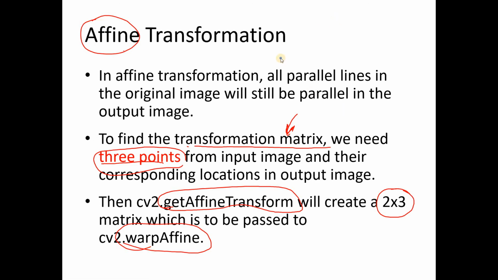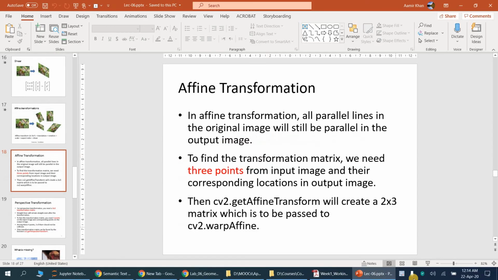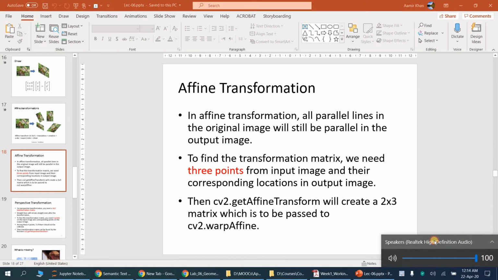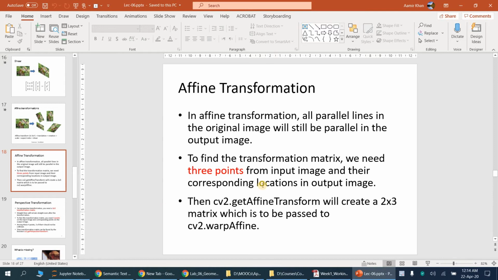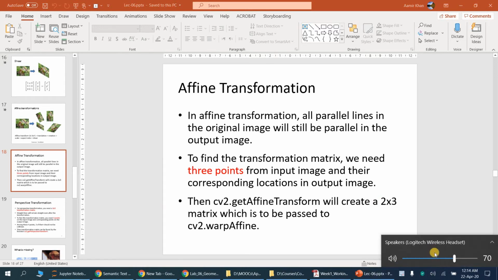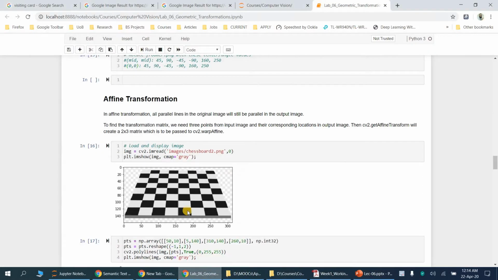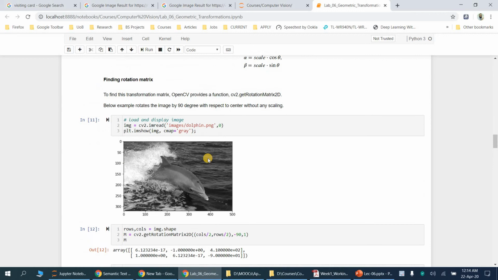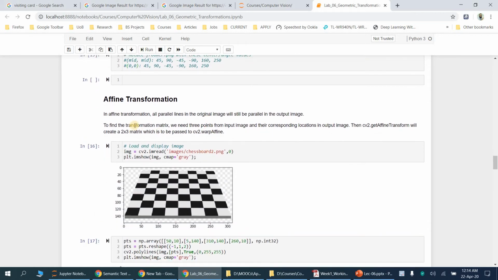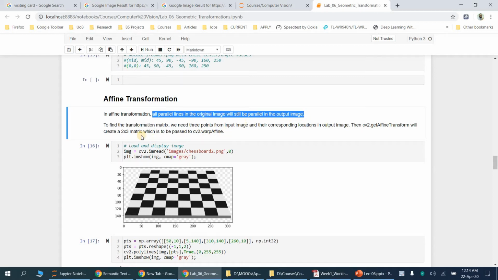I will show you this affine transform on the chess example. In affine transform, all the parallel lines in the original image will remain parallel in the output image. So you already know this.